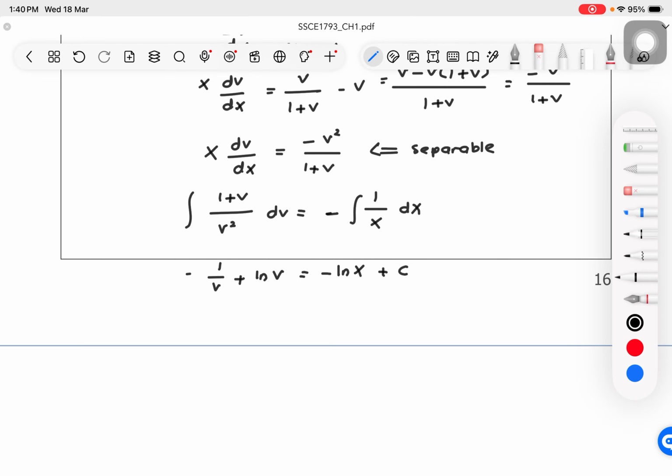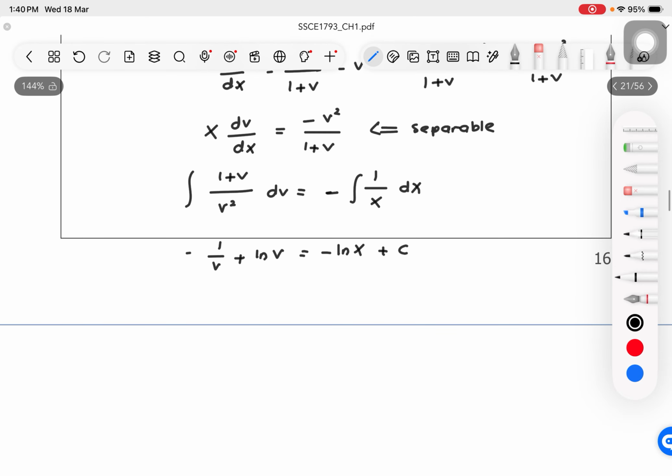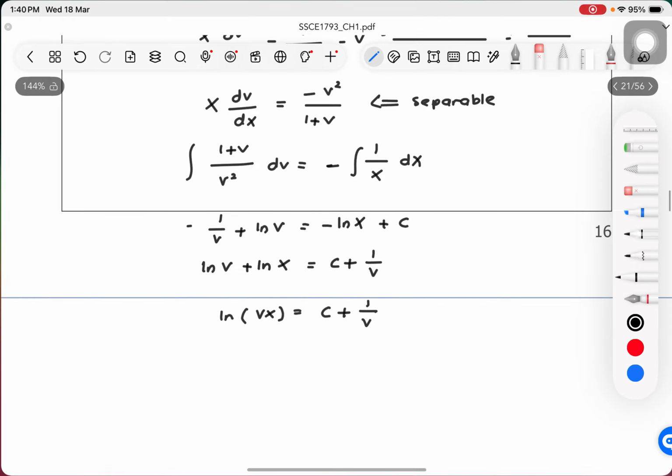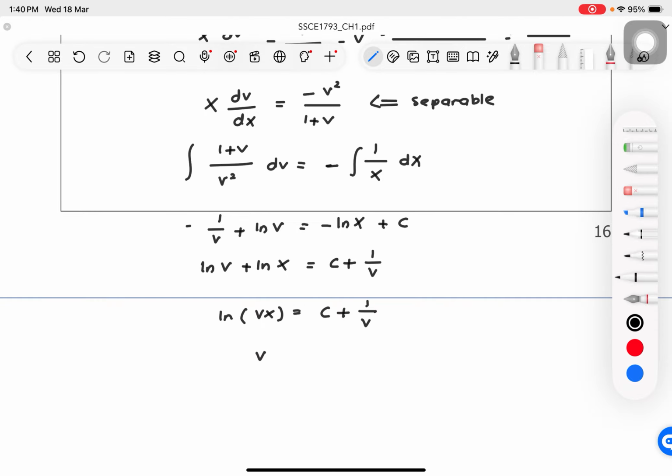Alright, so we rearrange, make ln with ln. This is the law of ln. We want to eliminate the ln, so we exponentiate both sides.